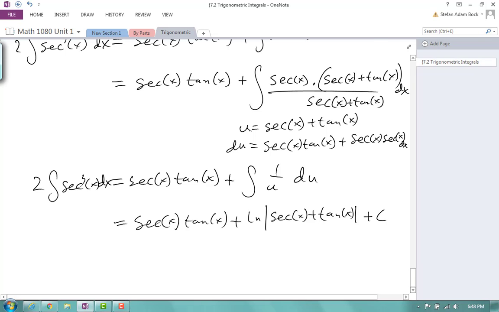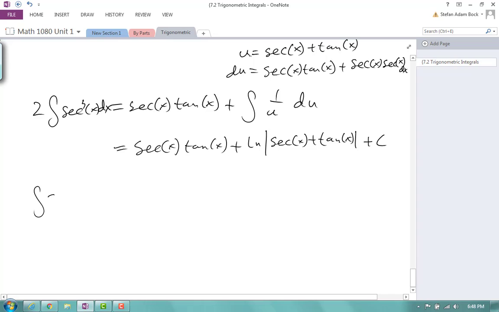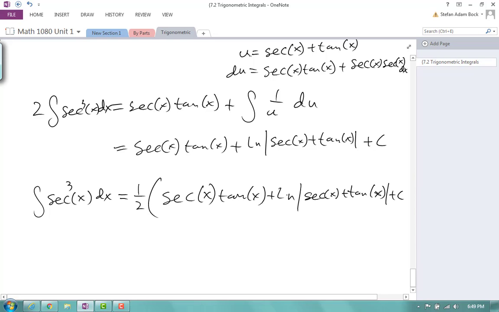So as a final answer for this, secant cubed has an antiderivative of 1/2 of all of this.